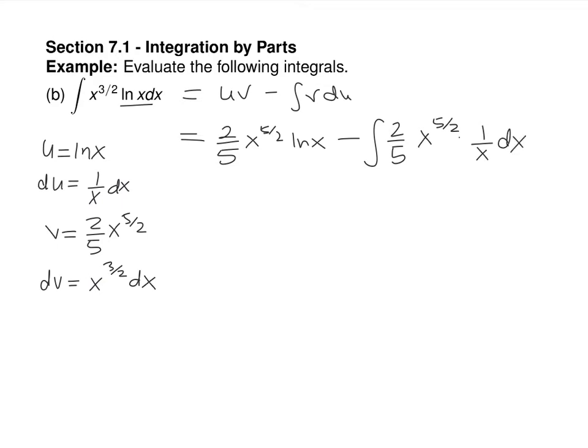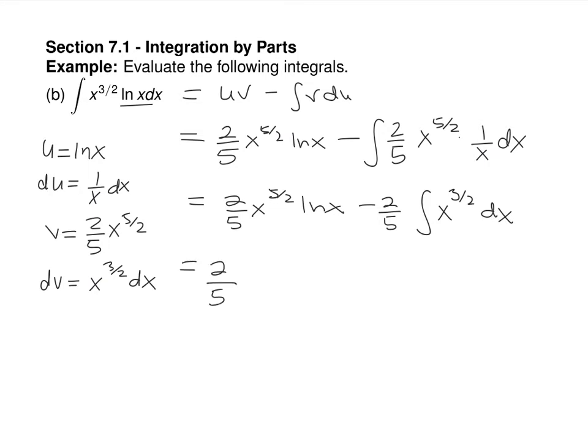Now that 2/5 can factor out of the integral. And your exponents subtract. x to the 5 halves over x is x to the 3 halves. And the antiderivative of x to the 3 halves is 2/5 x to the 5 halves.